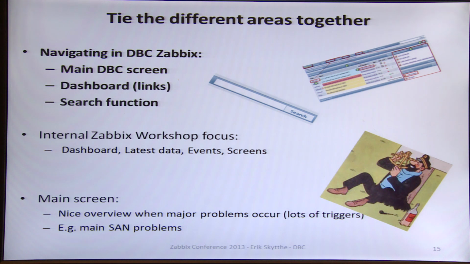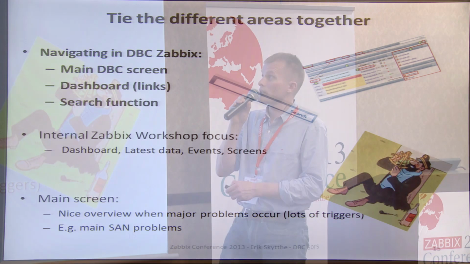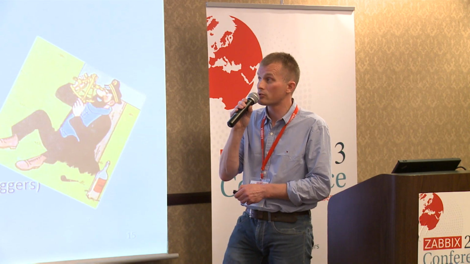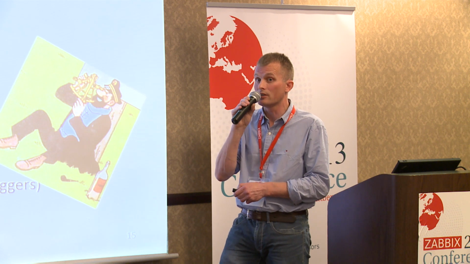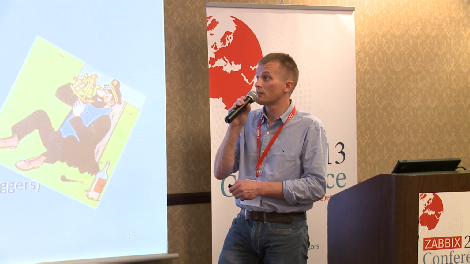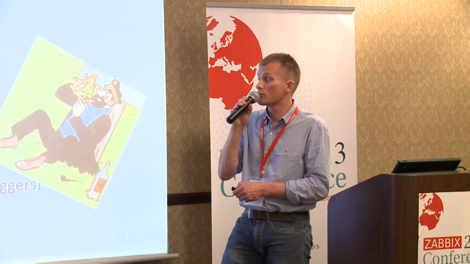A lot of the time you need to look at one host and you can't remember what it is, so just use the search function and you have access to the latest data, the screens, host screens and things like that. So I keep trying to get people to use these approaches when they have to find their way around the system: the main screen, the dashboard, or using search.